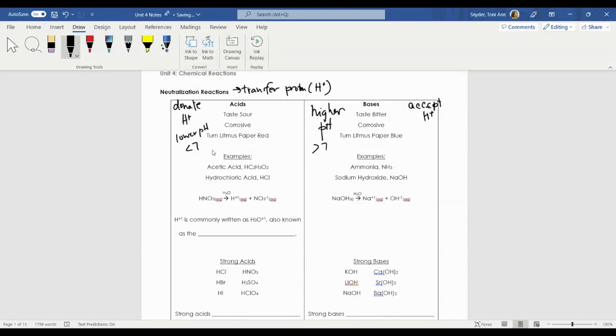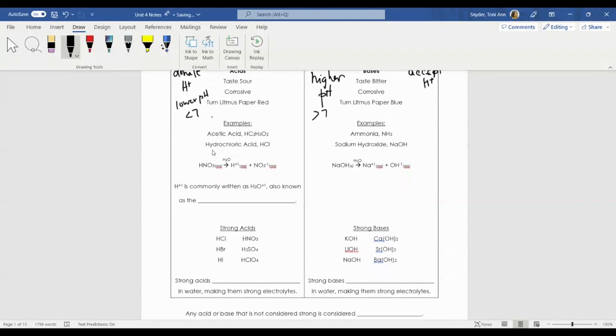And here is a dissociation reaction right here. This particular process is showing the dissociation of an acid. This right here is nitric acid. Nitric acid is going to dissociate. When it comes into contact with water, this proton is going to isolate itself out. So I have one proton and I have a nitrate group.